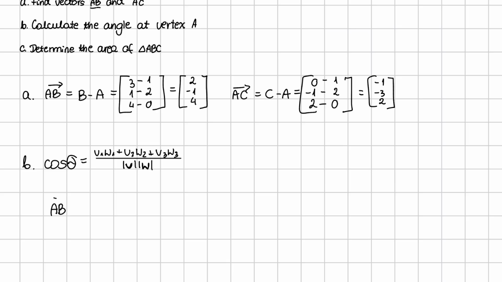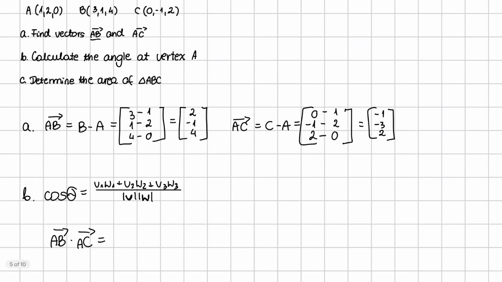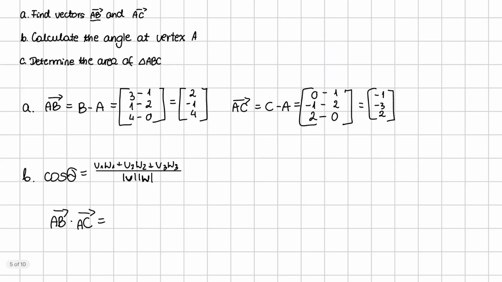Vector AB times vector AC equals 2 times -1, so -2, plus -1 times -3, so just 3, plus 4 times 2, 8. So from this we have just 9.